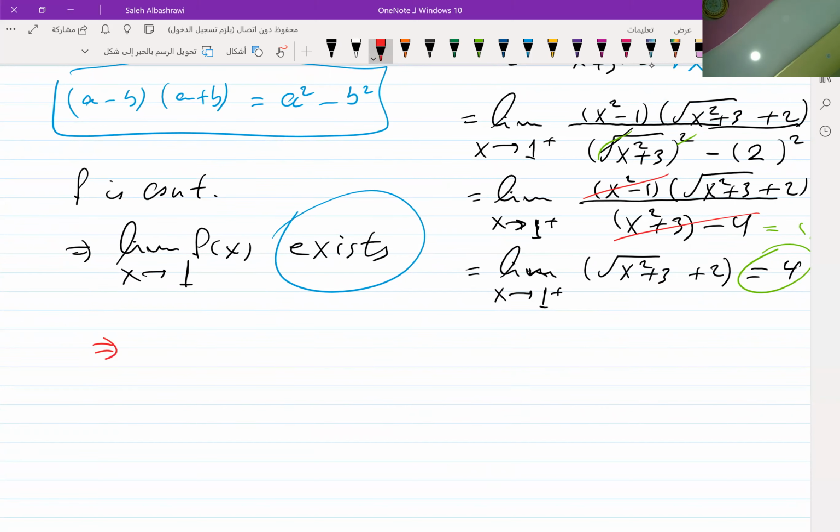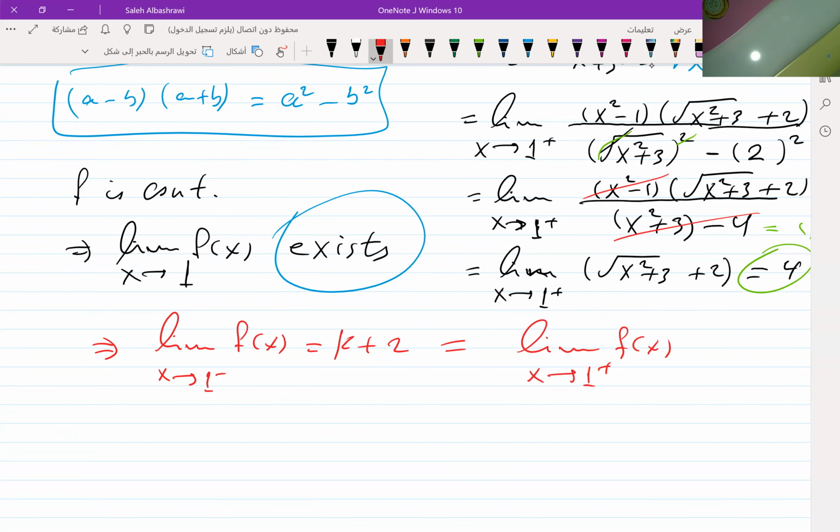This means the left limit, in our case k plus 2, must be equal to the right limit, which is equal to 4. So it means that k plus 2 must be equal to 4.